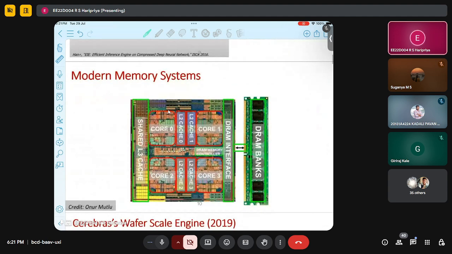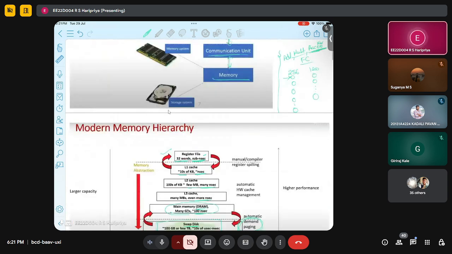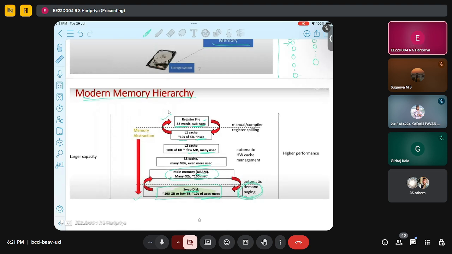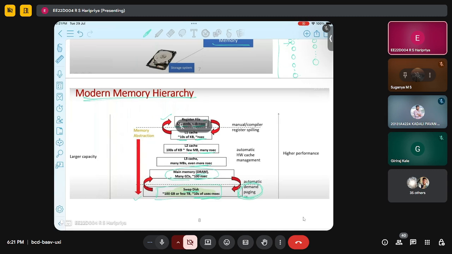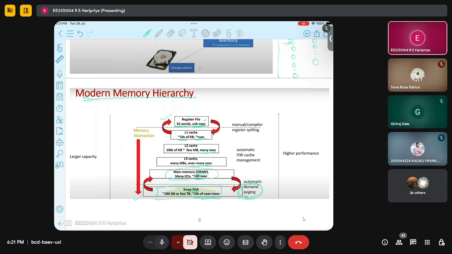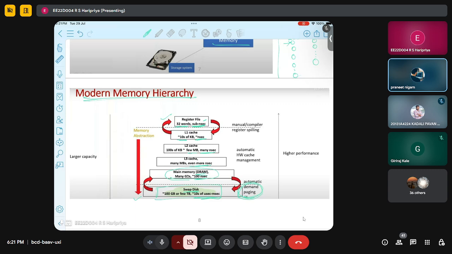Next, modern systems. Why are we going for this memory hierarchy? How is this hierarchy of memory helpful? Hey, I can answer it. Yes, please.